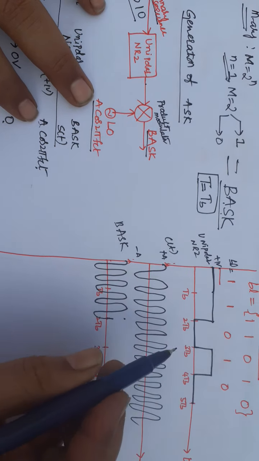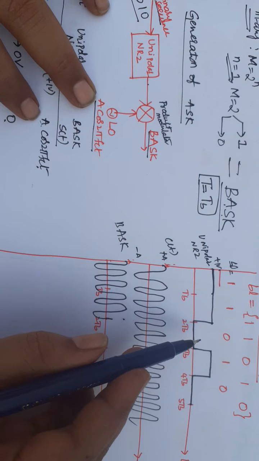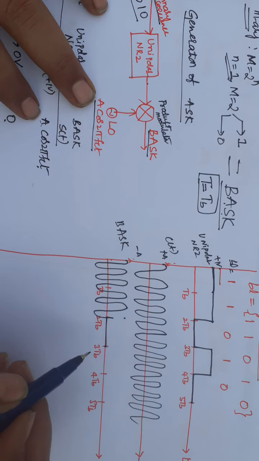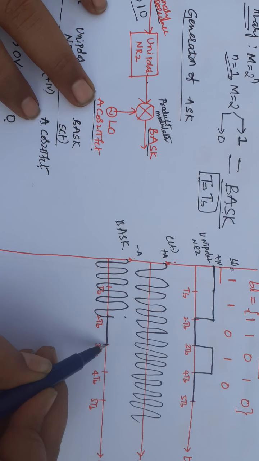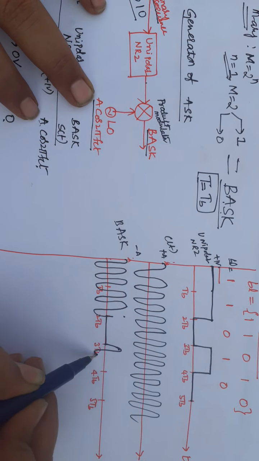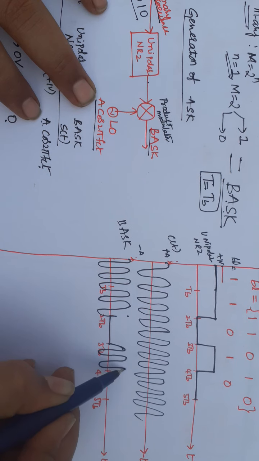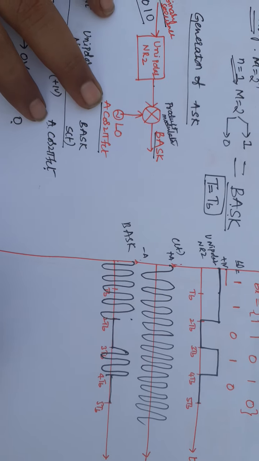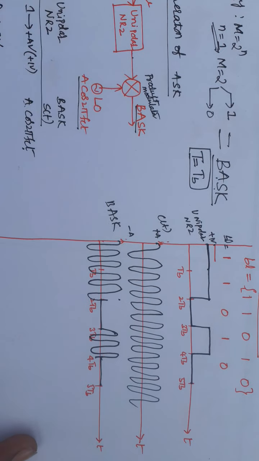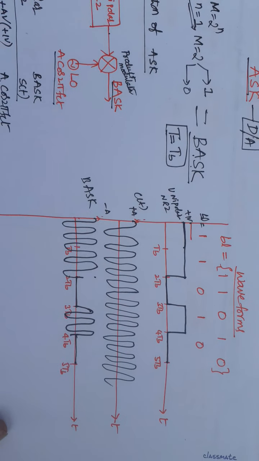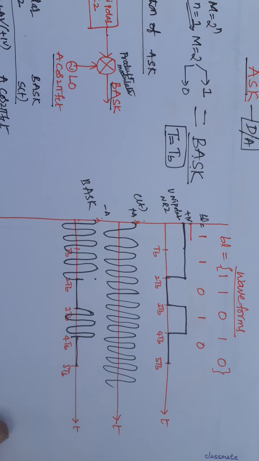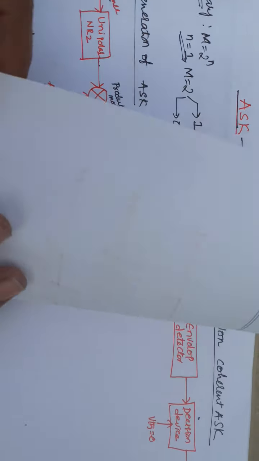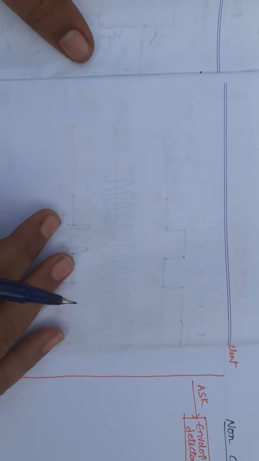After 2 Tb duration the bit 0 is transmitted, so the output is 0. After 3 Tb duration again the signal S of t will be A cos 2 pi fc t, and then again the output is 0. This is the modulated signal of BASK, right?